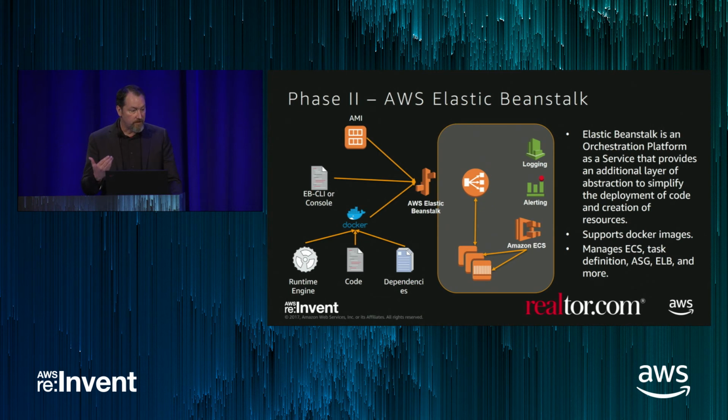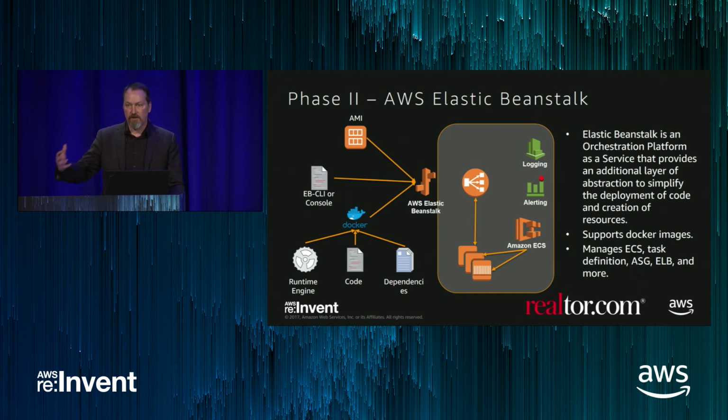So the first phase with containers on ECS was actually using Elastic Beanstalk. If you're not familiar with Beanstalk, it is an orchestration platform provided by Amazon Web Services as a platform as a service. And it adds an additional layer of abstraction to simplify the deployment of code and creation of resources.